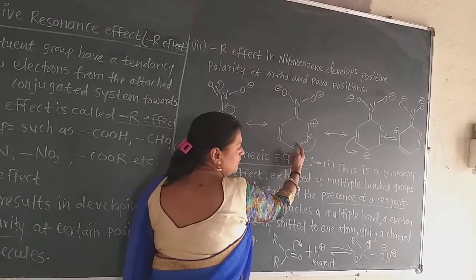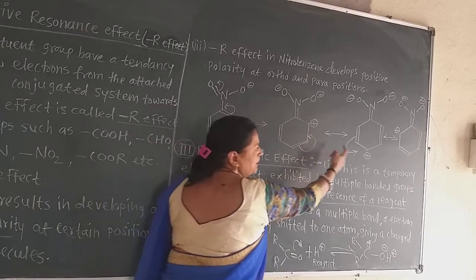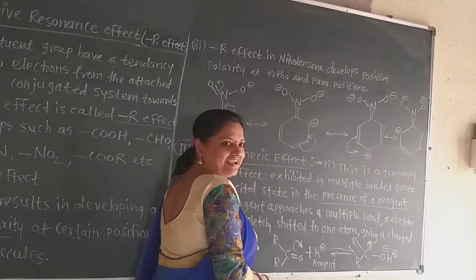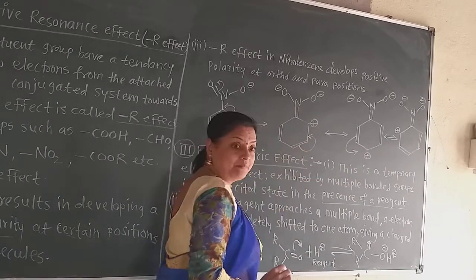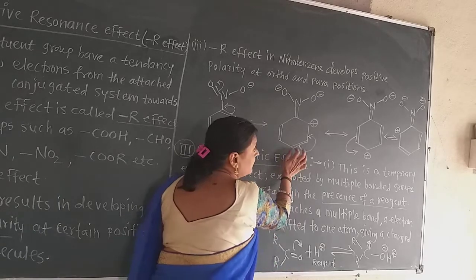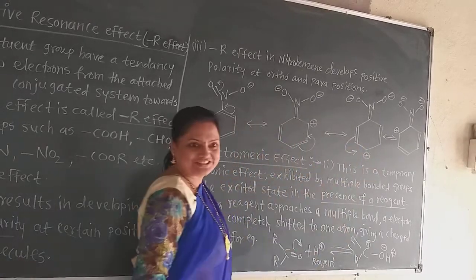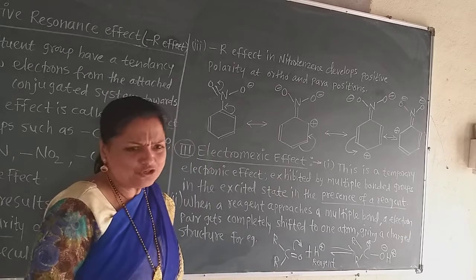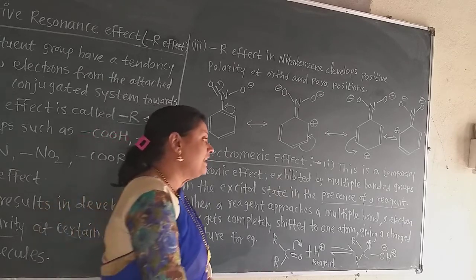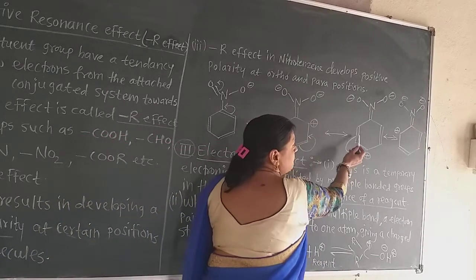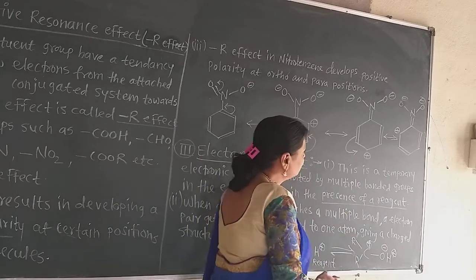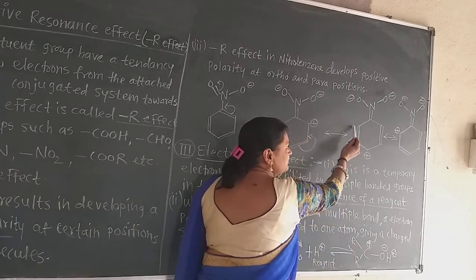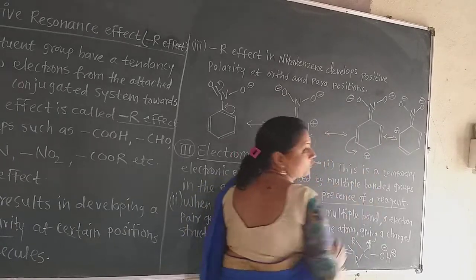When this pi electron shifts here, there will be a double bond here. See here. The positive charge is developed now at this ortho position.